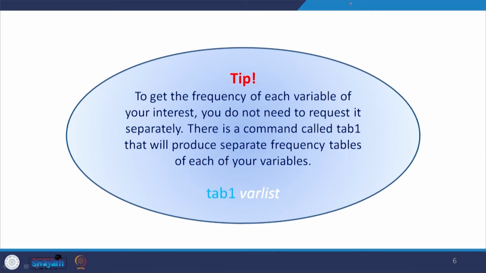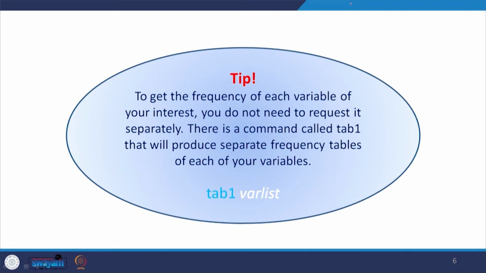But if you are interested in getting the frequency of each variable of your interest separately, you do not need to request it separately. There is a command called tab1, which will produce separate frequency tables of each of your variables.